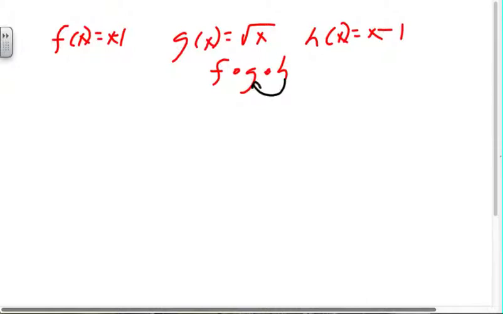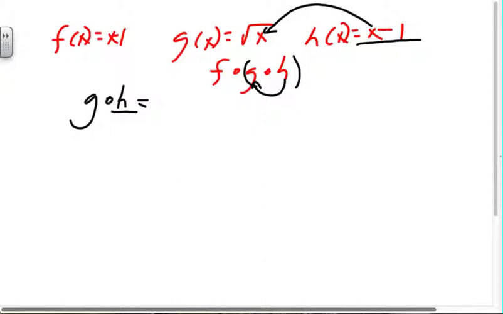First thing you do is you take this and put it into there. So I'm just going to find g of h. g composited into h. So what this tells me is I'm going to take h, which is this thing, and put it in to wherever I have an x in g. That's going to be the square root of x minus 1.